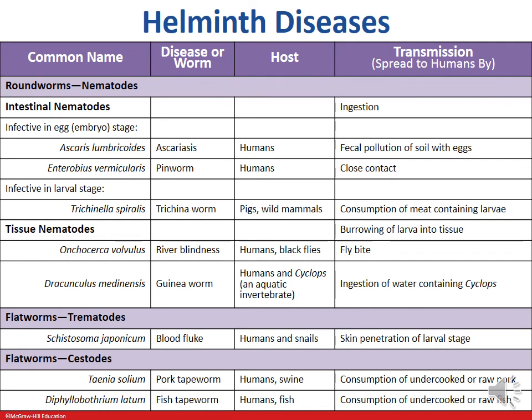And so the problem is the drug doesn't kill the adults, and so it needs to be treated every single year. And it's a real problem in parts of the world where there's war and people don't have access to the medical centers and things like that. So, this drug has been donated for free to these parts of the world 40 years ago, and it's still a problem today. So it's really unfortunate.